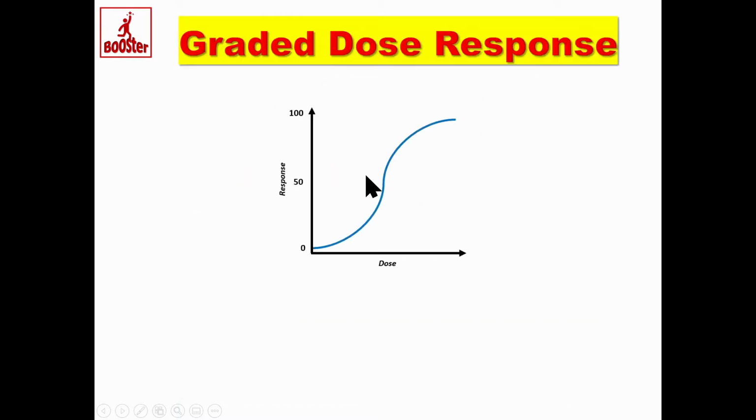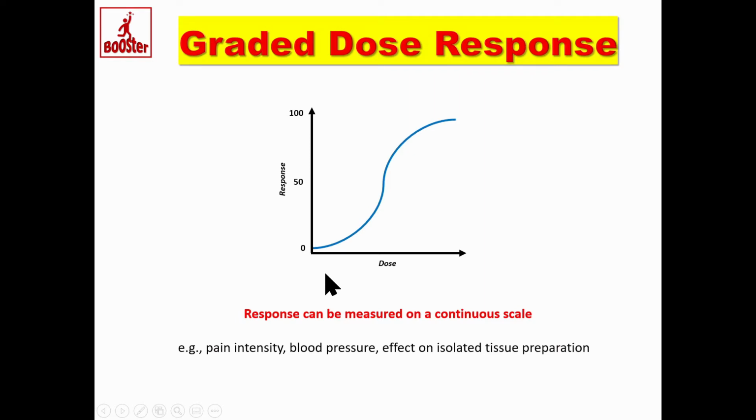Let's talk first about the graded dose response curve. In this one, the response is something which can be measured on a continuous scale. For example, let's say you are interested in assessing pain intensity, or blood pressure, or change in blood pressure, or the effect of a drug on an isolated tissue preparation.